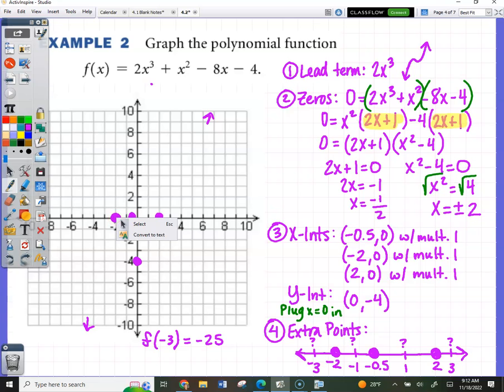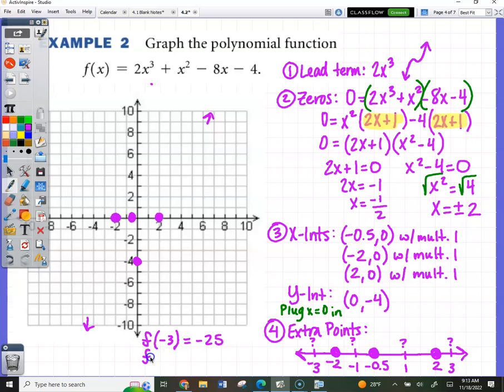Did I have any multiplicities other than 1? No, they're all 1, which means this is going to be a really natural flow. You're not going to have to come to it, lay across, cross over, or come to it and bounce back. It's going to be a natural flow.